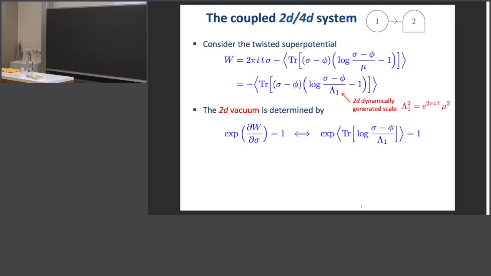This is the running of the Fayet-Iliopoulos parameter, and this factor of 2 here is the right coefficient of the beta function for this term in two dimensions. So here you see the appearance of a purely two-dimensional scale from the very beginning. And we can go to the vacuum and study the stable configurations. These are obtained by computing the stationary points of dW.